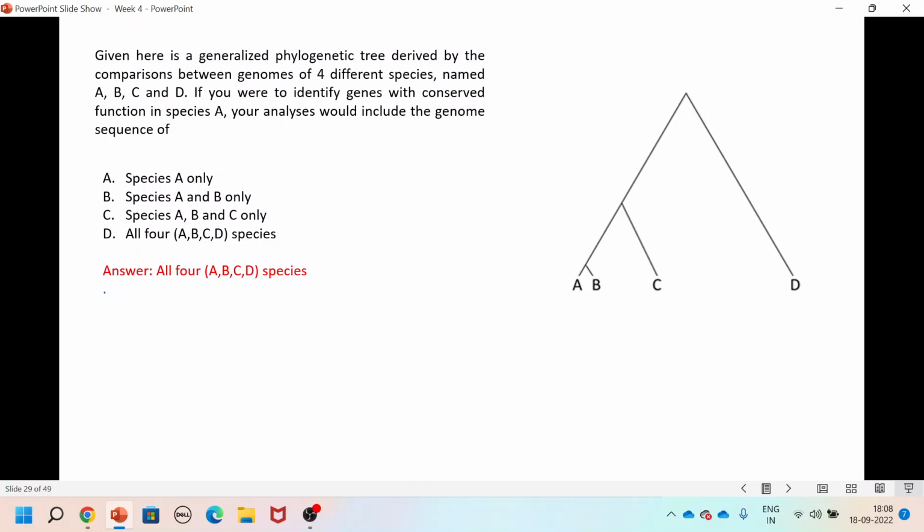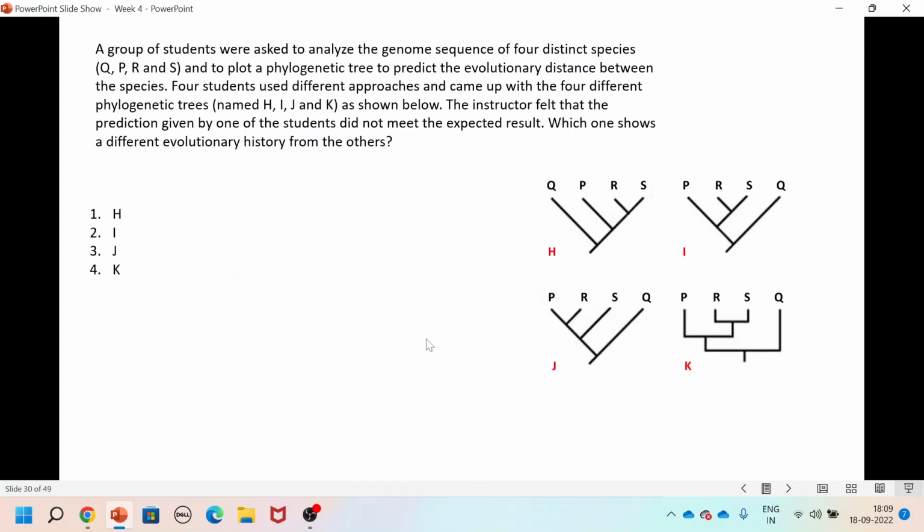If it is present in all these species, A, B, C, and D, this means that the region of the gene is highly conserved, because the species have evolved later in evolution. Therefore, the gene must be highly conserved and its function must be very important.